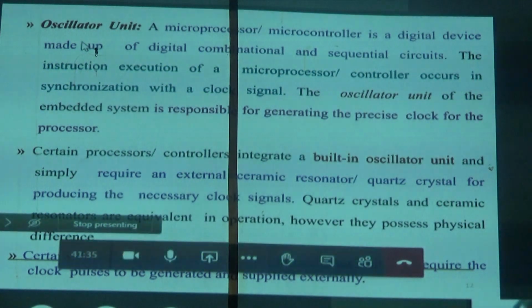What does the resonator do? It gives the output in the form of waveforms, the clock signals, a series of pulses. The quartz crystals and ceramic resonators are equivalent in operation, however they possess physical differences. That I will show you with the help of this diagram.